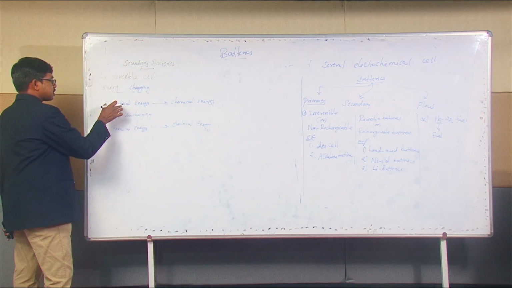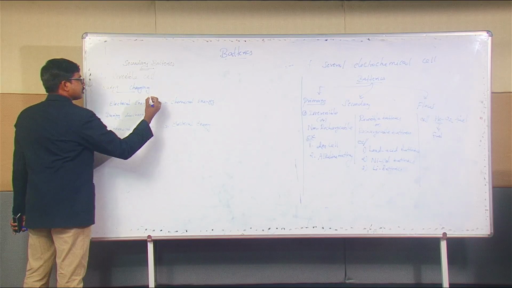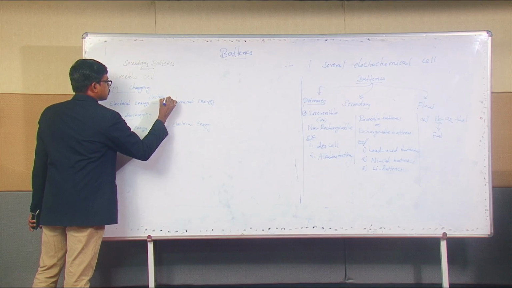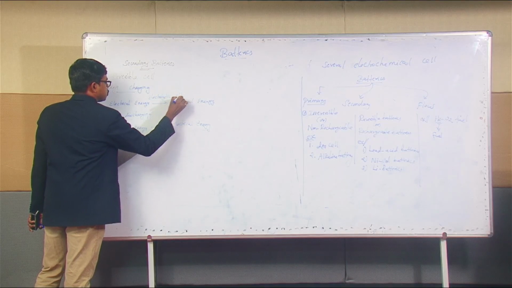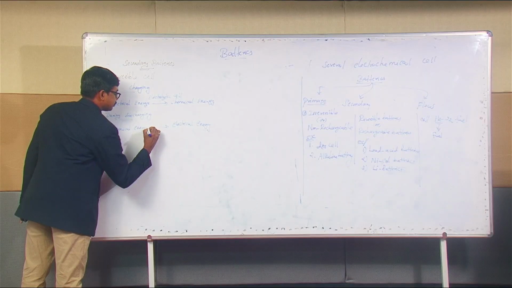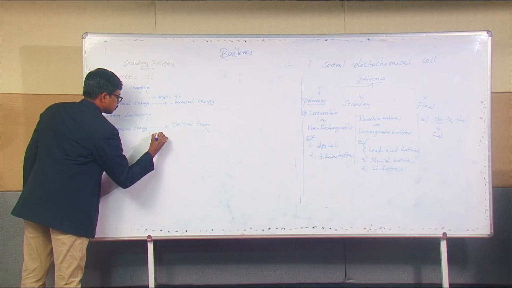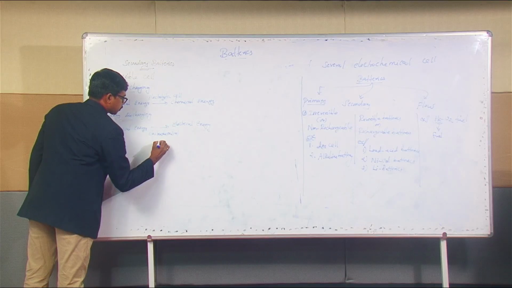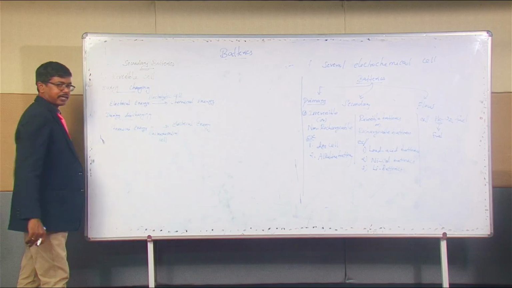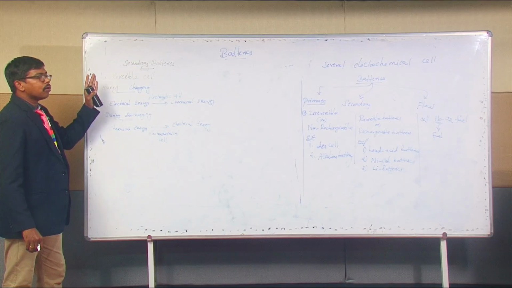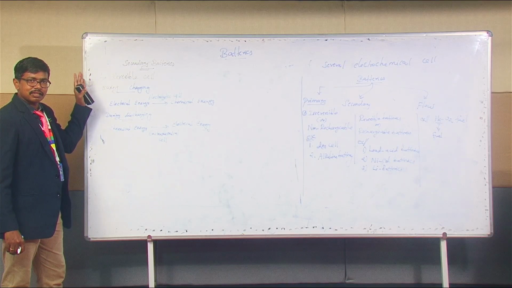In the charging process, it acts as an electrolytic cell, and in the discharging process, it acts as an electrochemical cell. So both charging and discharging take place in all secondary batteries because it acts as a reversible cell.